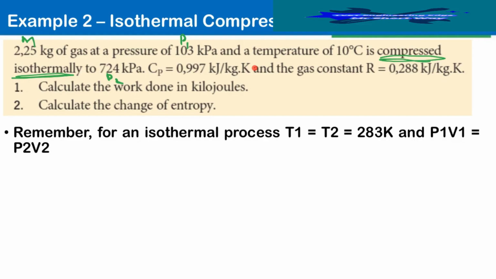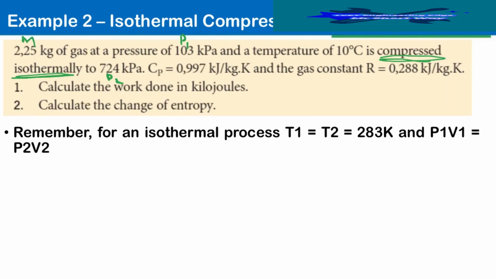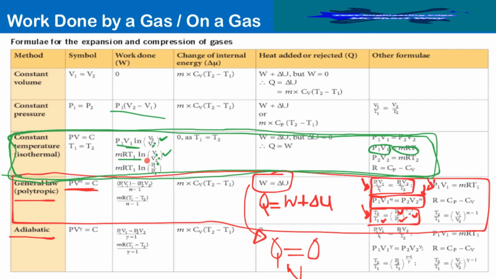We're going to use MRT1 ln P1 over P2, since we have P1, we have P2, we have T1, and we have R and M. So we simply plug and play and we get the value for work. We use this one here, MRT1 ln P1 over P2.